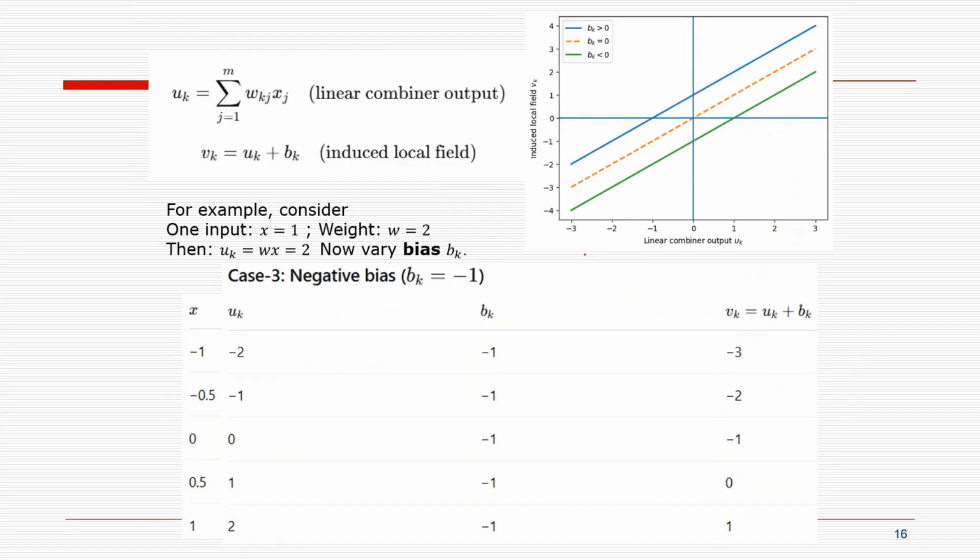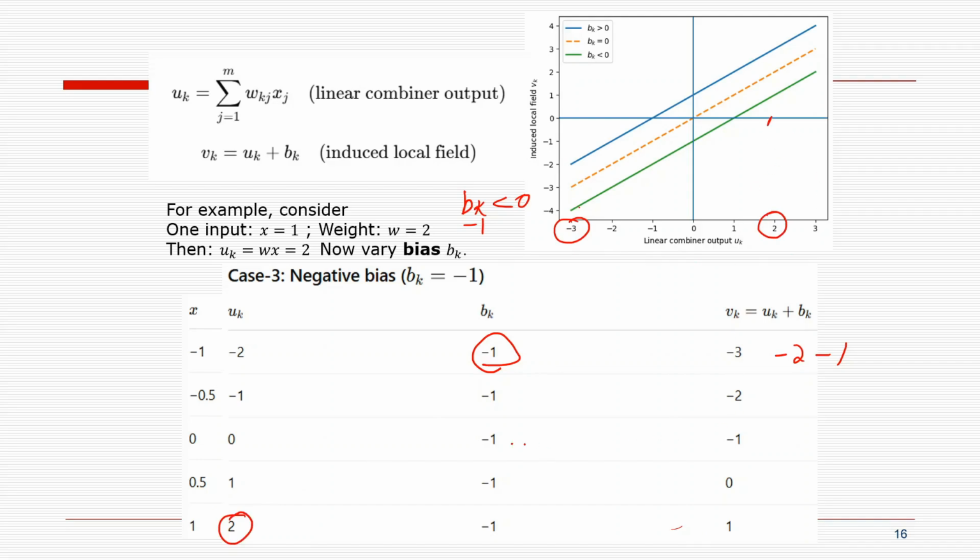Now we'll consider the case where BK is less than 0, that is minus 1 in this case. Same here: when UK is minus 2, VK is minus 3, and you are going to get minus 1 somewhere. Another example we can take is when UK was 2, VK was 1.